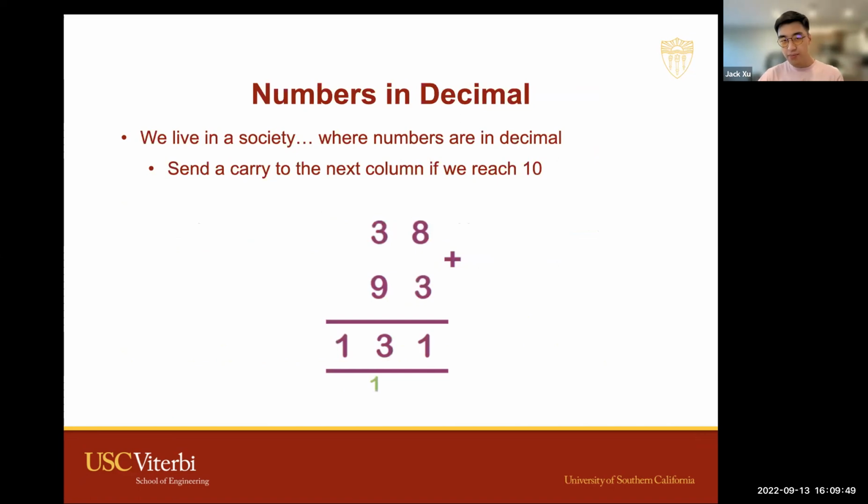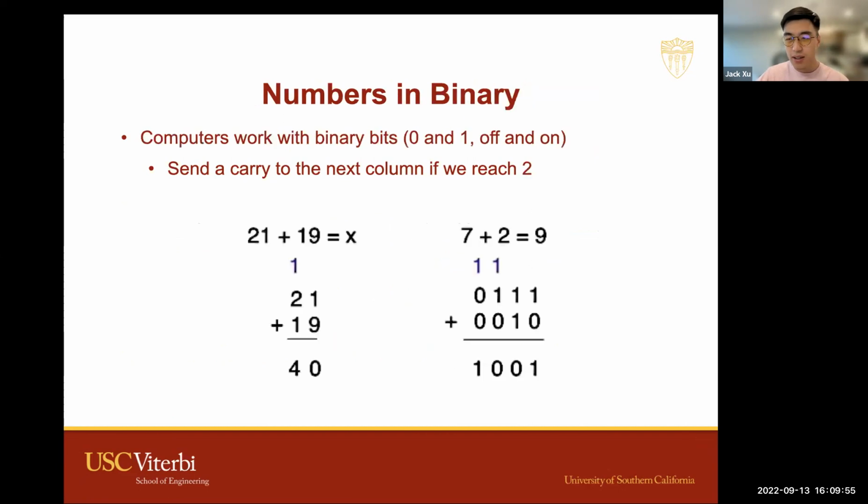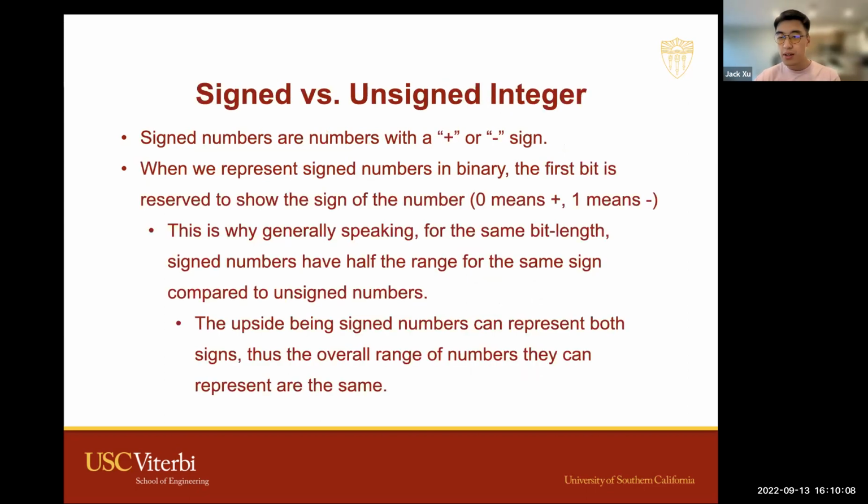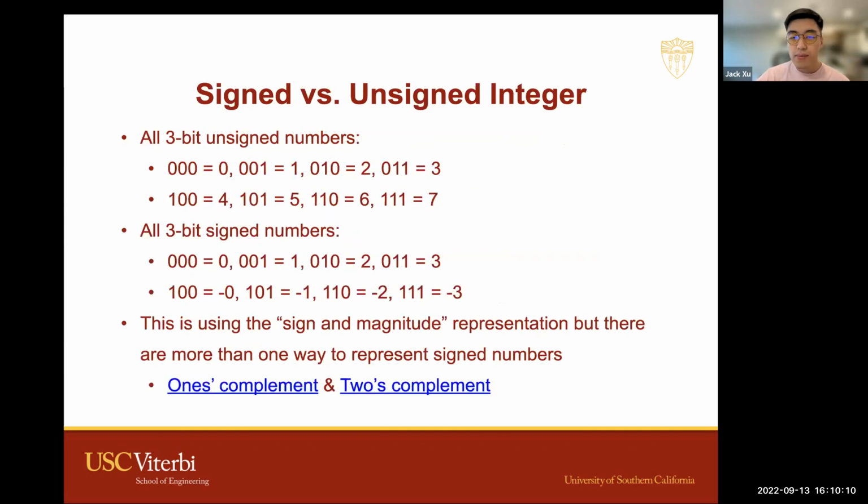We also revisited pre-algebra, how to add numbers, but of course the point of doing that is to ease you into doing calculations using binary, how that works. Also the difference between signed and unsigned integers. And this is kind of where we left off last time, so we can keep going now.